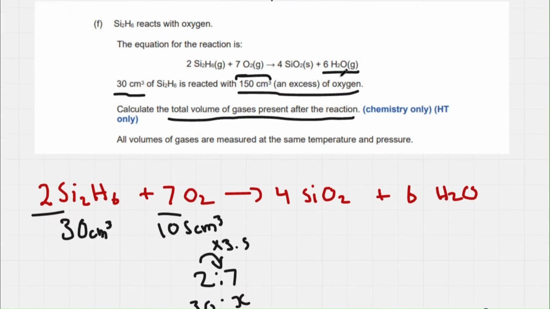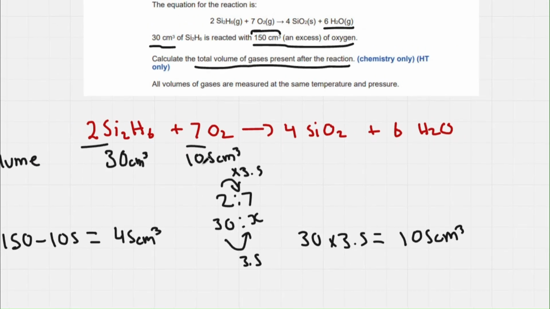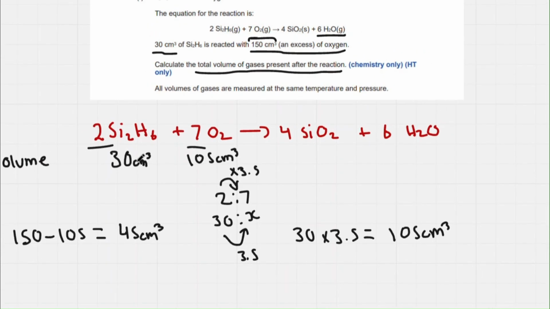The way we do that is simply the way that we found out the volume of oxygen that was used. We use ratio. We use the 30 cm³ again, and this time it's in the ratio 2 to 6. So to get from 2 to 6, we times by 3. That's what we're going to do with 30. 30 times 3 gives us 90 cm³.